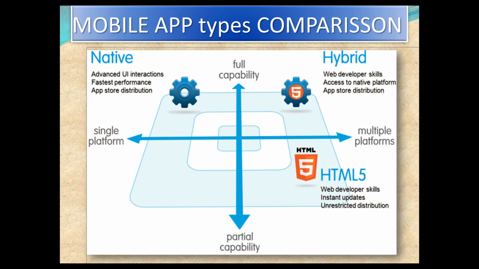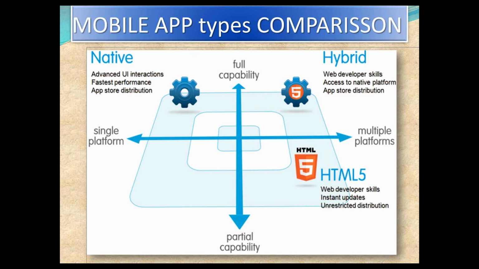And for HTML5 web applications, these apps are device agnostic and can be opened with any modern mobile browser. And because your content is on the web, it's searchable, which can be a huge benefit depending on the application, like, for example, shopping. And then we have the hybrid application.